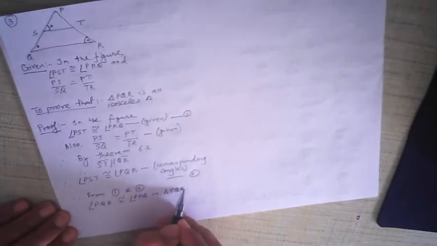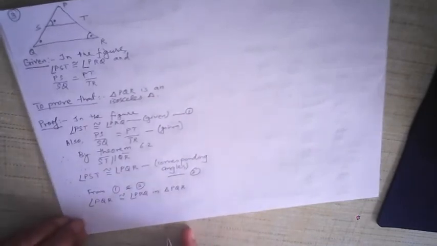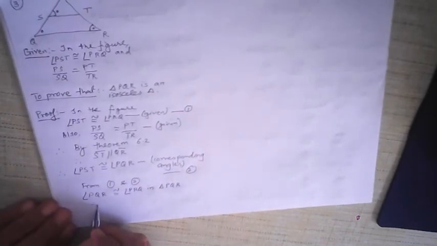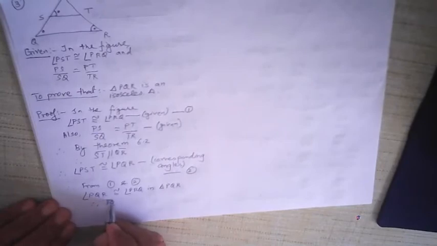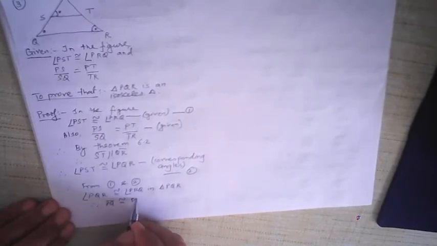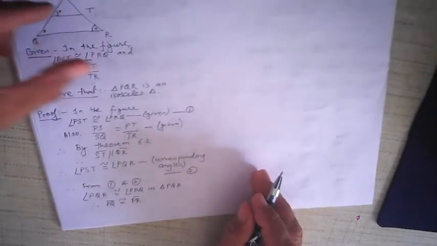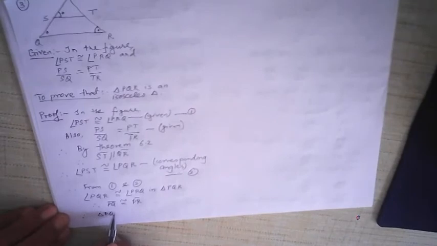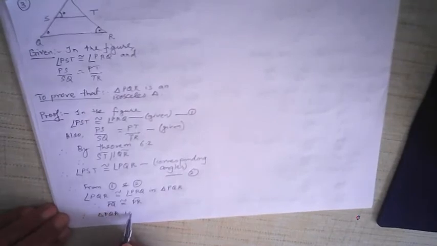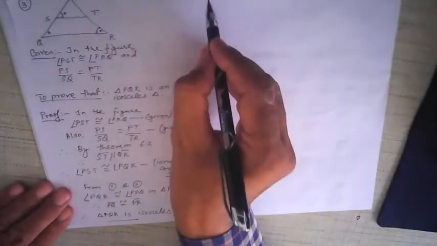Two angles are congruent. In a triangle, when two angles are congruent, opposite sides are also congruent. Therefore, side PQ is congruent to side PR, and therefore triangle PQR is an isosceles triangle.